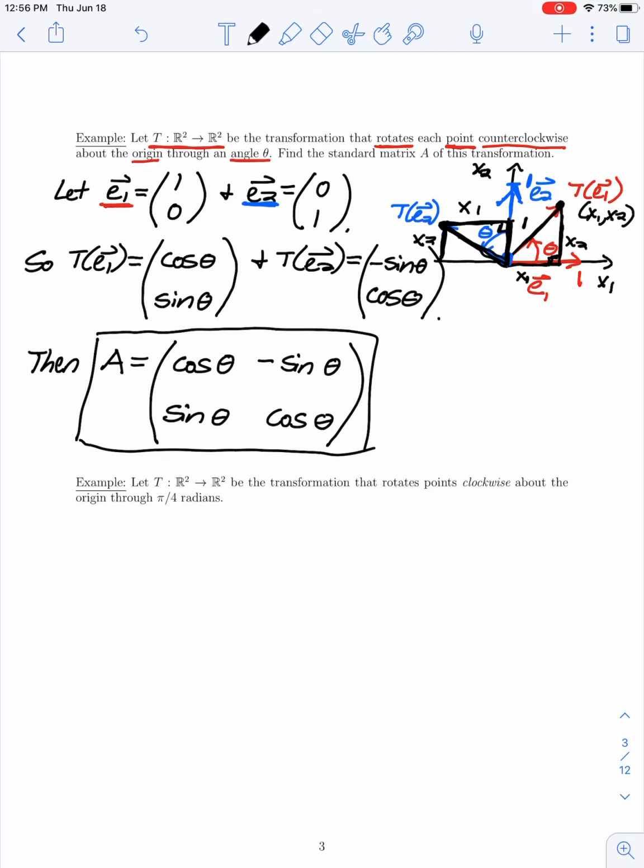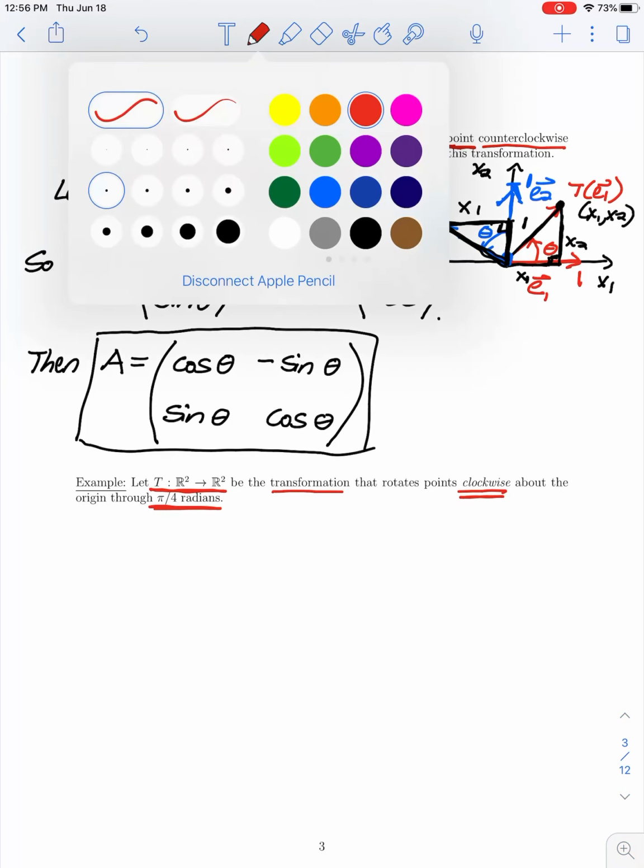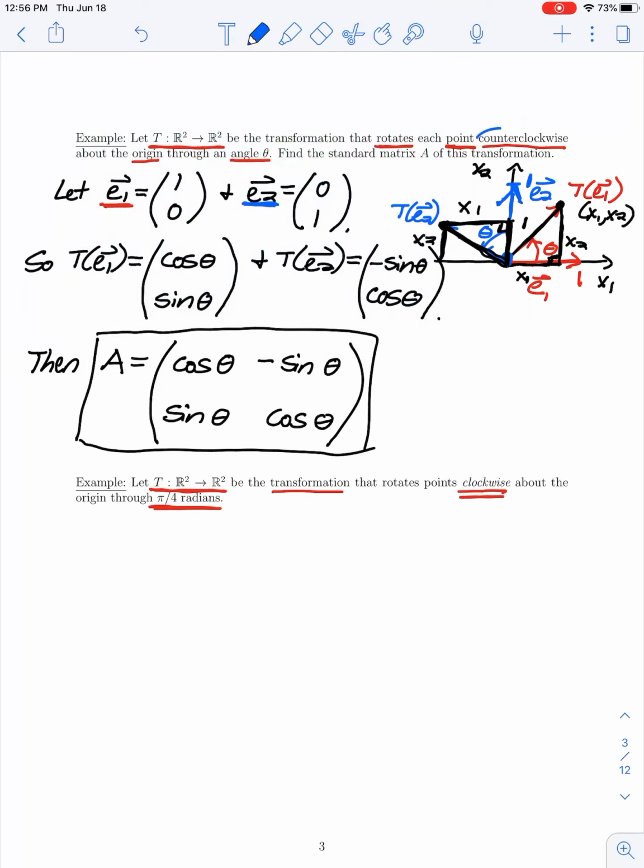So let's look at an example of that. Suppose that we have a transformation T from the plane to itself, which rotates points in the clockwise direction about the origin through an angle of pi over 4 radians. In the previous example, the matrix we found was describing a counterclockwise rotation through an angle of theta.